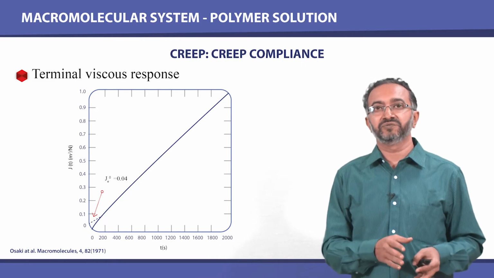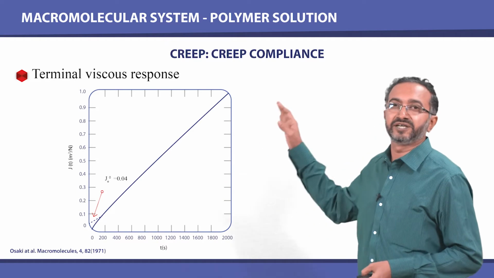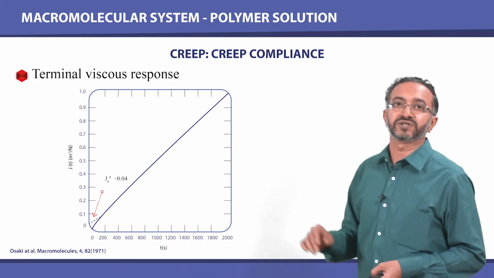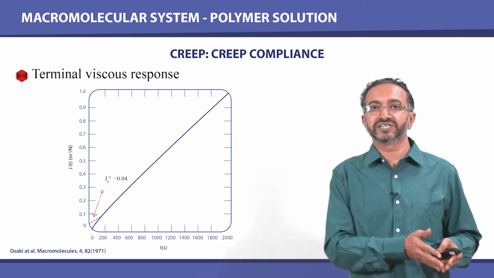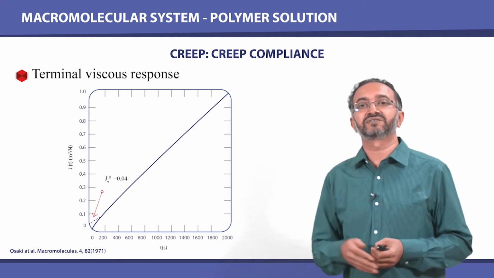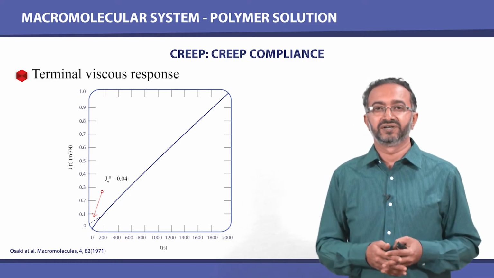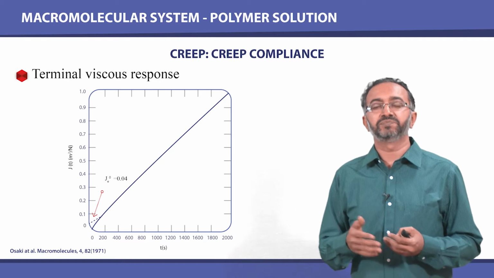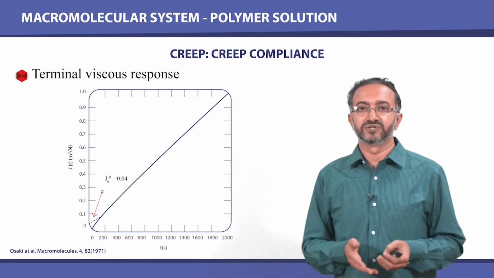So, creep is performed when a constant stress is applied, and in the experimental response of the material, a constant strain rate is reached. The ratio of these two could give us the viscosity. So, creep can be used for measuring the viscosity of the material system also.